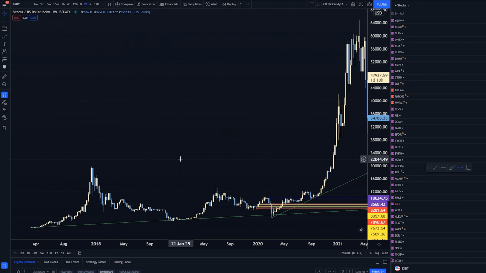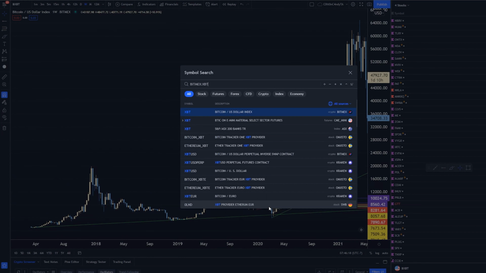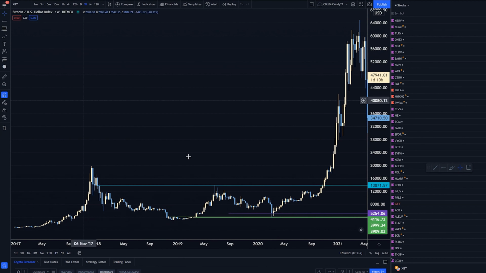There was some moment, and I don't remember when. It might have been sometime in 2020 because I have levels marked here. There was some moment that BXBT was used, and then it was between BXBT and BTC USDT perp. And now it's just BTC USDT perp. But if you're looking for legacy, XBT is where you find your legacy information, which is important to know.